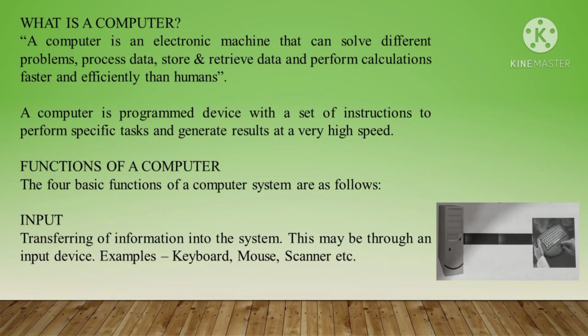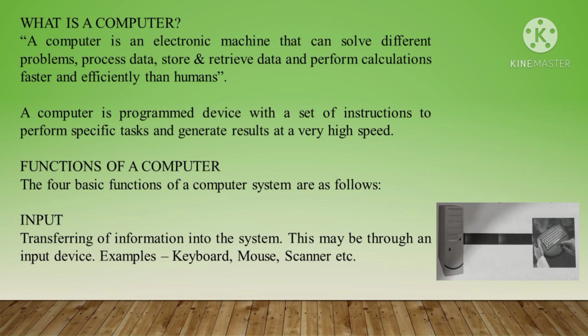A computer is an electronic machine, we all know that, and it can solve different problems, right? Like processing data, it can store information, and we can retrieve data. Retrieve data means we can take the data out of the computer. It can also perform calculations faster and more efficiently than humans.